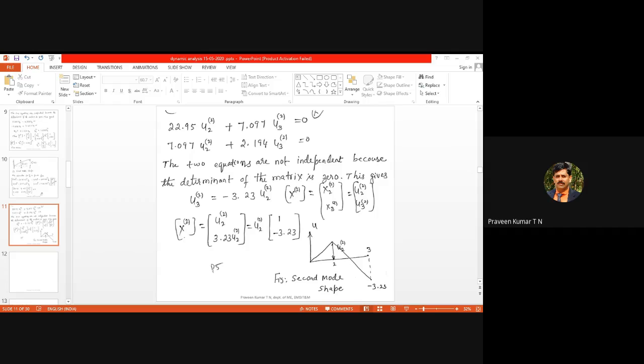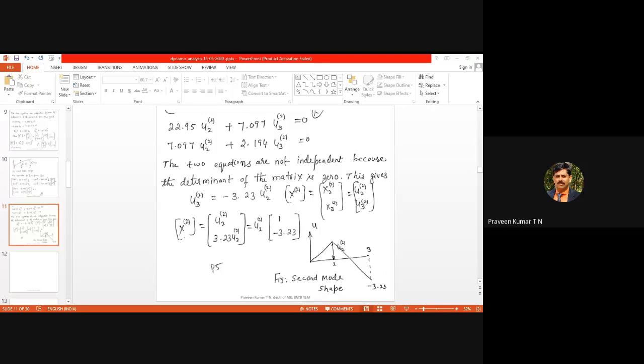The conclusion is, in static analysis we have KQ equals F, but when you come to dynamic analysis we have Q double dot plus KQ equals F. That is for dynamic analysis with forced vibration, but you are dealing with only free vibration. For free vibration, on the right hand side there are no external forces.